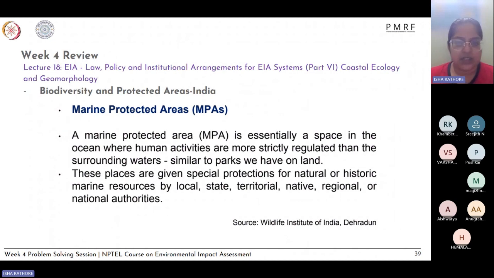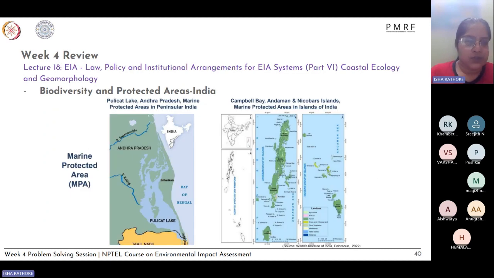So marine protected areas can be any of these places. Okay. So, for example, we looked up at two examples of marine protected areas. So, we looked up at the Pulicat Lake in Andhra Pradesh, which we discussed, and then we also looked up at the Campbell Bay in the Andaman and Nicobar Islands, which is another marine protected area.